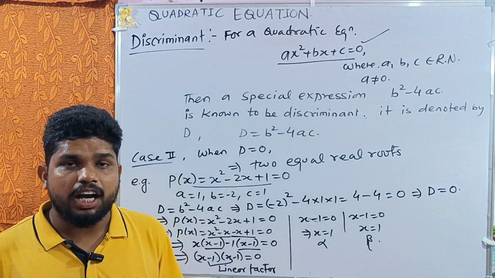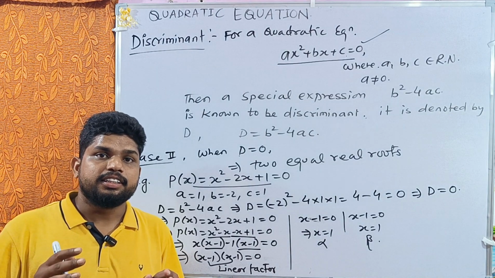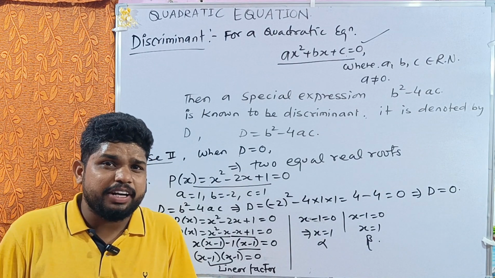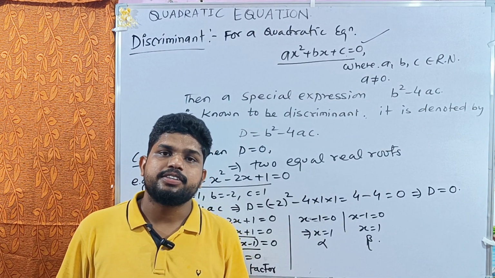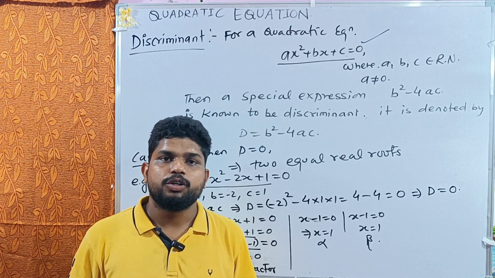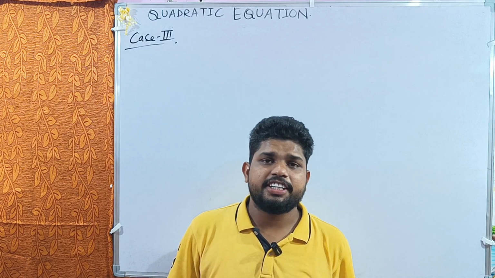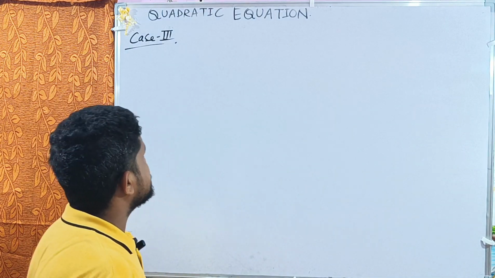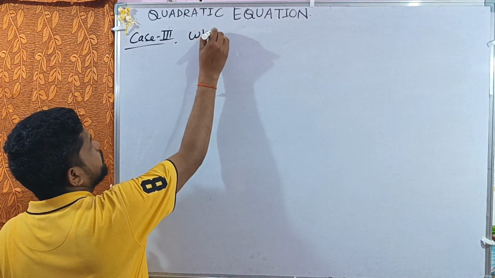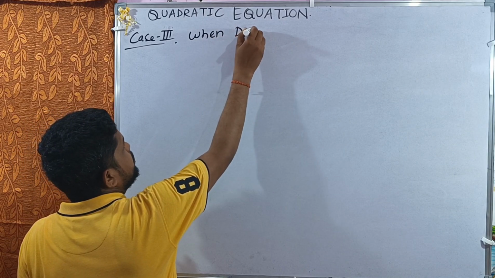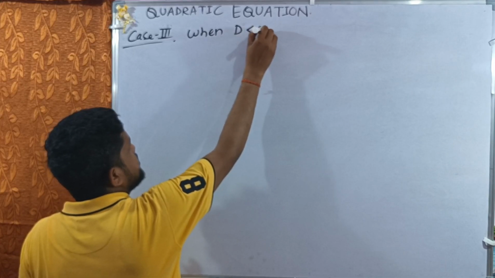Okay. Now dear students, let us take the third case, when the discriminant value is less than 0, that is, negative. Case third, when the discriminant value is less than 0.